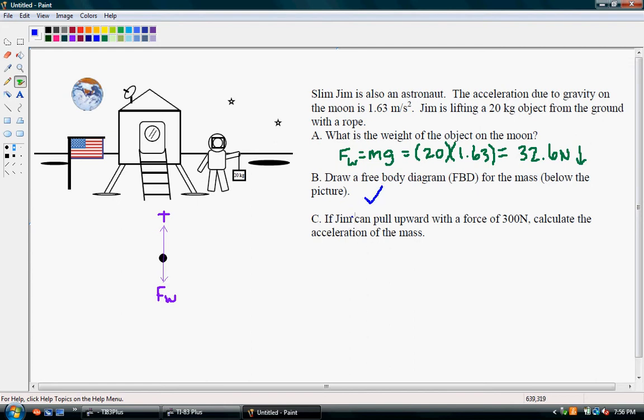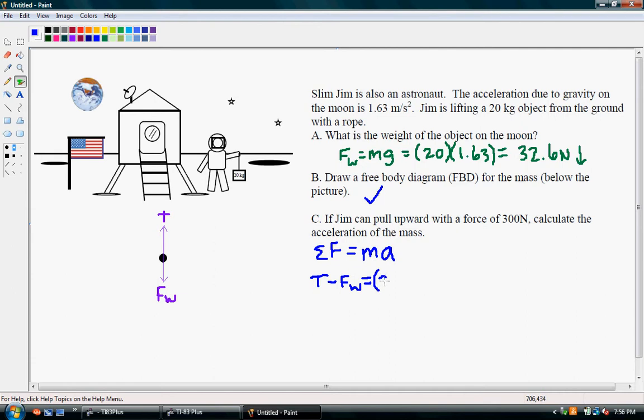So we've done that. If Jim can pull upward with a force of 300 newtons, calculate the acceleration of the mass. Alright, well, we know that the sum of the forces, tension, which is up, and force of weight, which is down, is equal to mass times acceleration. And we know the sum of the forces is, since T is up, it's going to be positive, and since the force of weight points down, that's going to be negative, or minus force of weight.